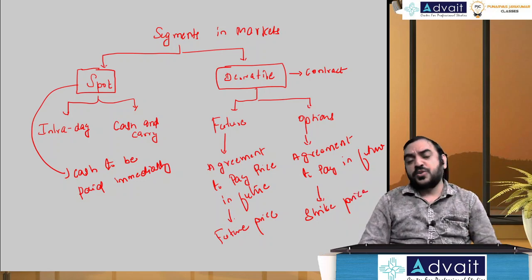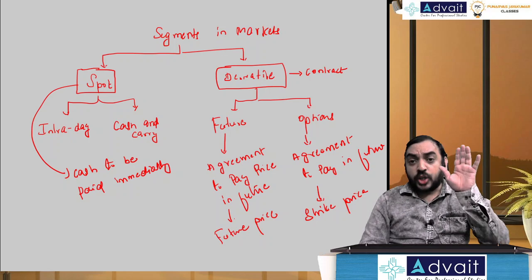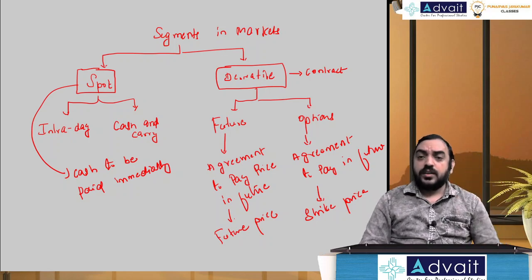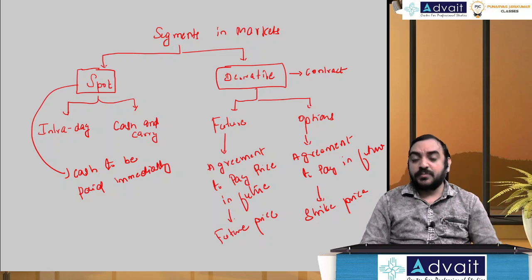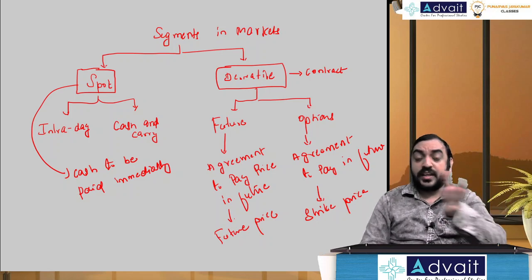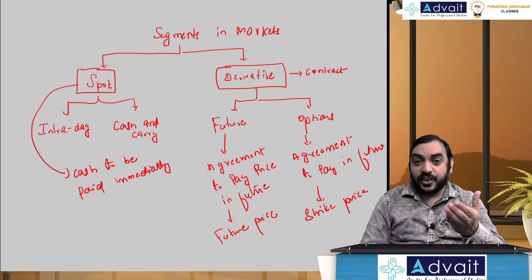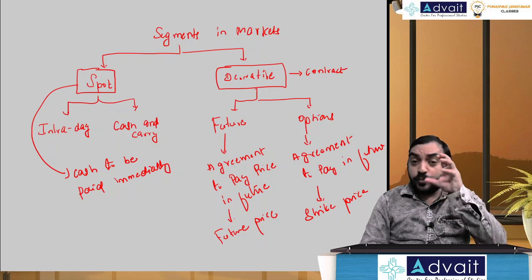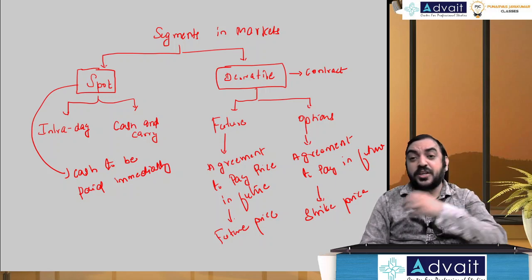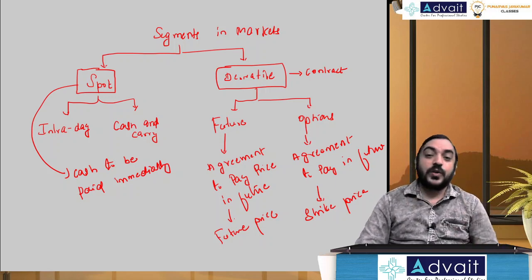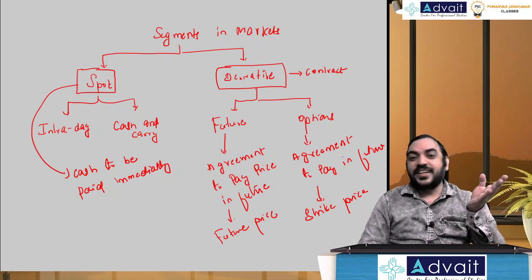So what we have understood so far, my dear friends, is the concept of derivatives basics and the concept of segments in the market: spot segment separately, derivative segment separately. In fact, as a stock trader, I will tell you, 95% of our trading will happen in derivatives only. The outsiders don't know this.